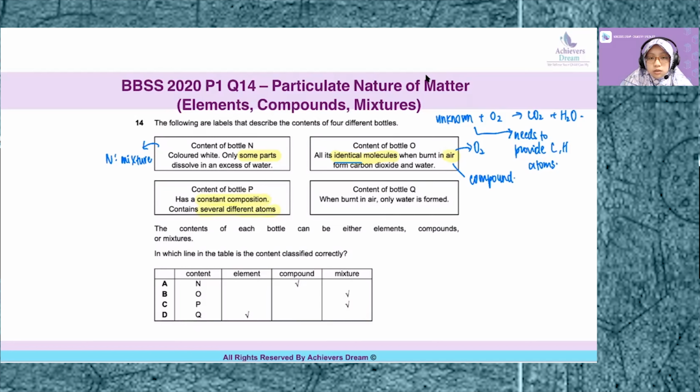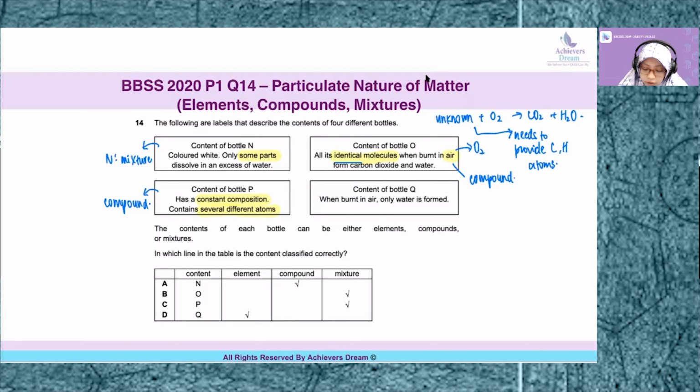Again, constant composition is a property of a compound. Compounds have atoms of different elements and they are always in fixed ratios, hence the content of P will be a compound.